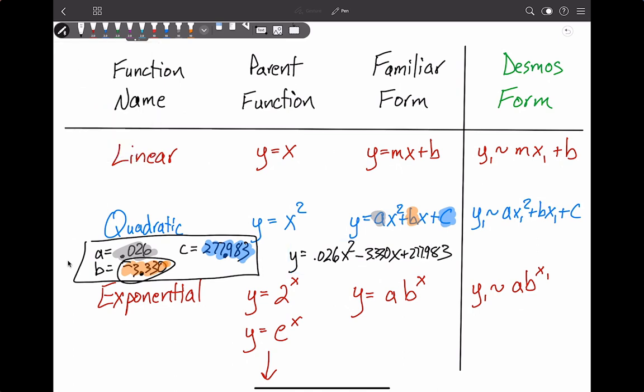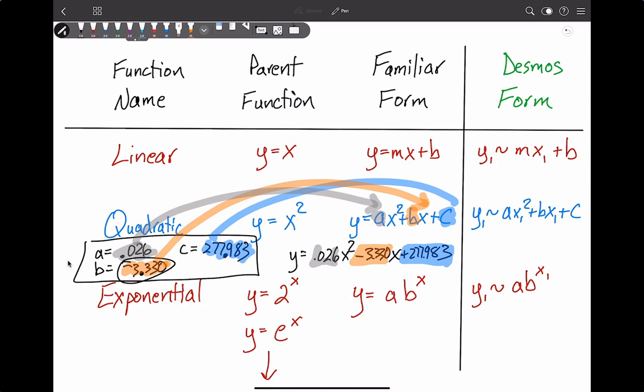Again, remember, this C value that we substituted in became the constant at the end of the equation. The B value, which transferred over to the standard form, is going to become this negative 3.330. And then last but not least, you transfer that A so that you could write it here to 3 decimal places.